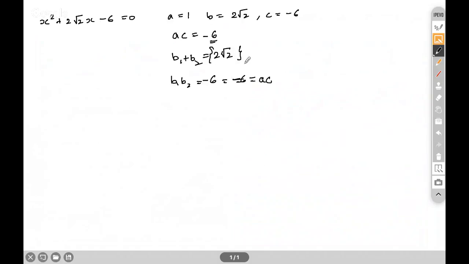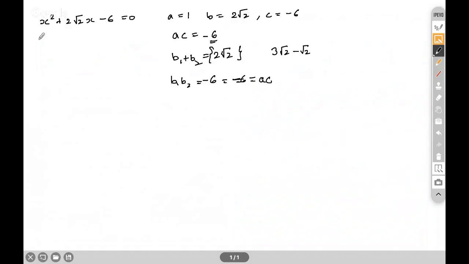Now, another thing to be taken care of is, if the sign of b1 plus b2 is not same as b1 b2, then what we do is we express b1 and b2 as subtraction of a larger number minus a smaller number. So hence 2 root 2, if you see, can be expressed as 3 root 2 minus root 2. And why did I do this? So if you multiply these two numbers, you will certainly get negative 6, and the sum also is 2 root 2.